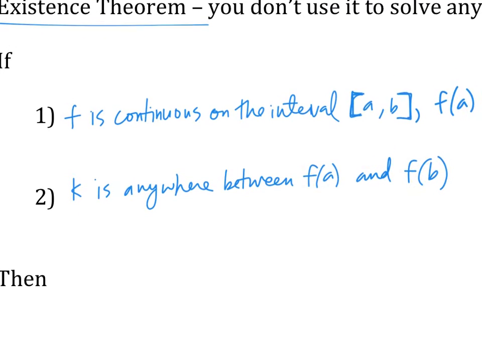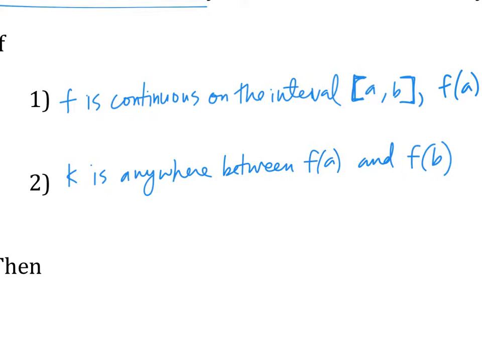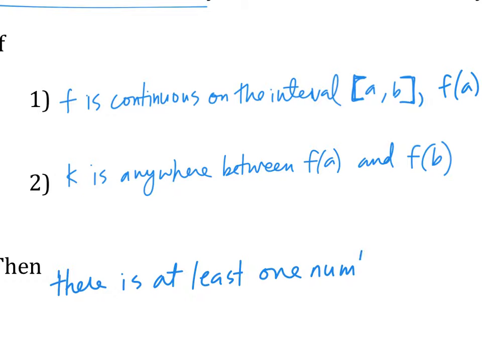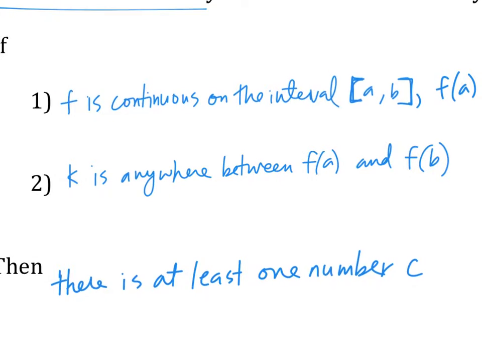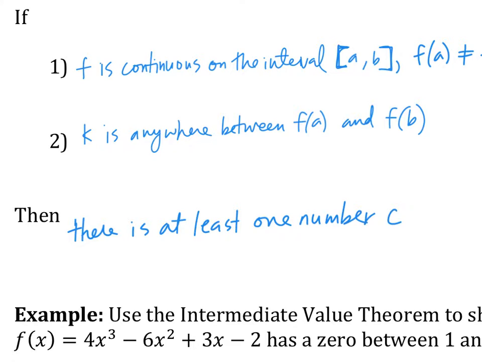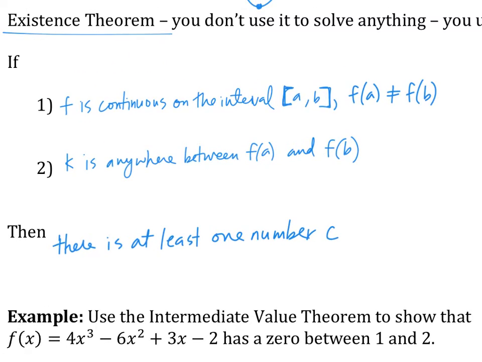If those 2 requirements are met, then there is at least one number C in a, b such that f of C equals k. There could be 2, there could be 3, there could be multiple, but at least one.